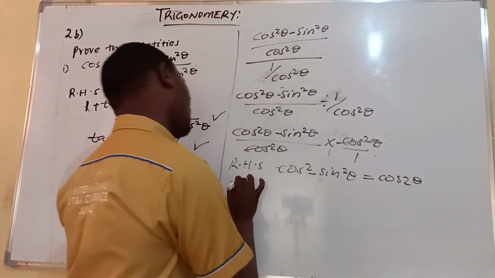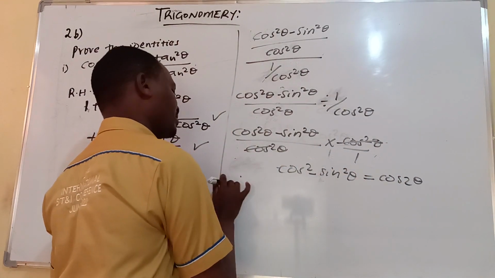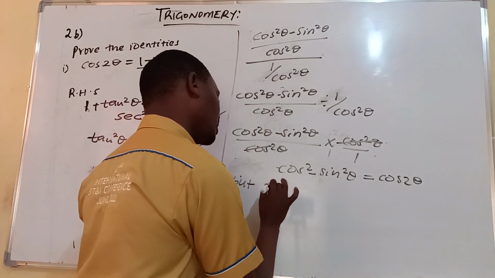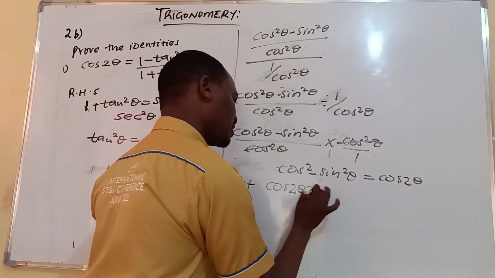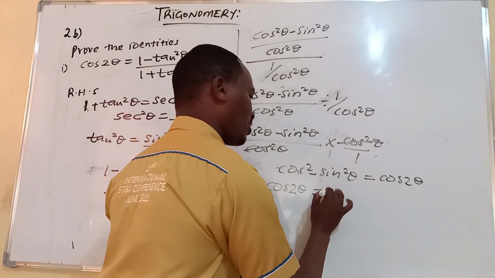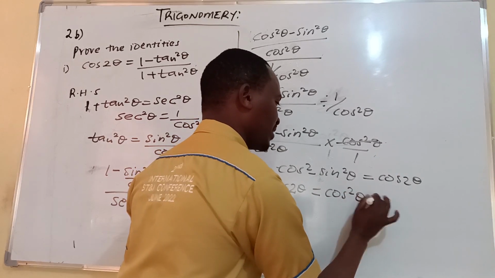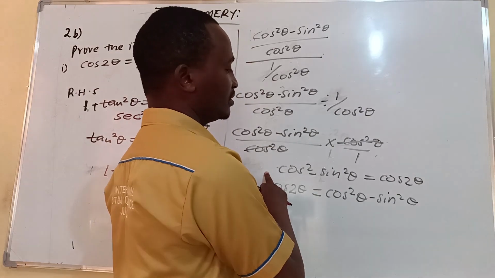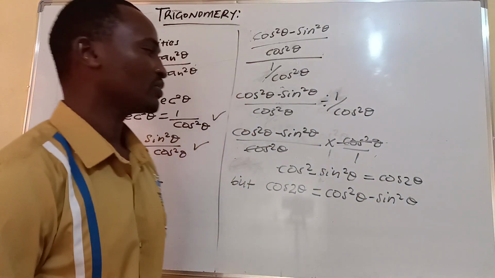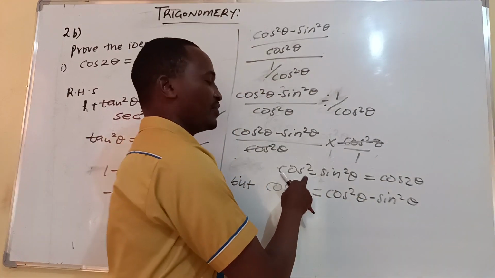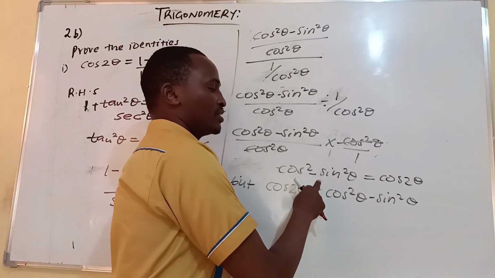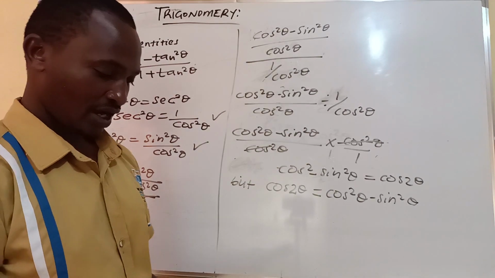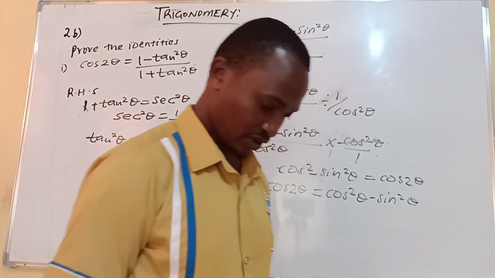But we also know from another trigonometric identity, cos 2 theta is equal to cos squared theta minus sin squared theta. The left hand side, which is cos 2 theta, is equal to the right hand side, which we have simplified to cos squared theta minus sin squared theta. So that is it for that one. Now solve the second one.